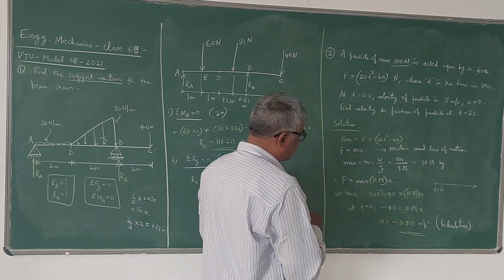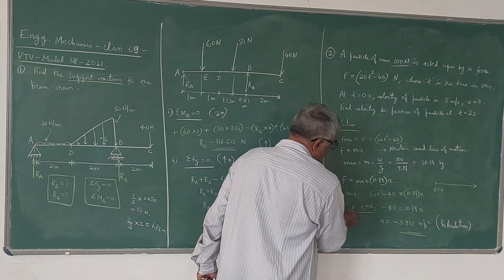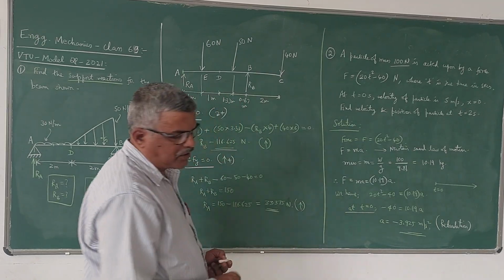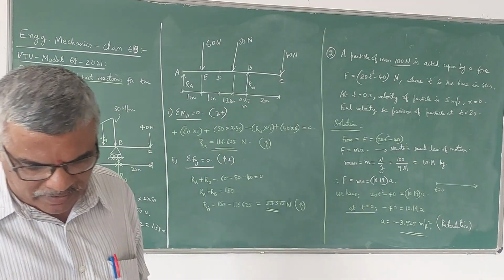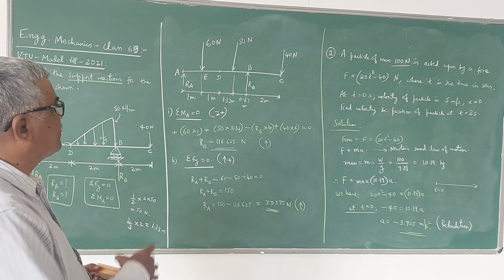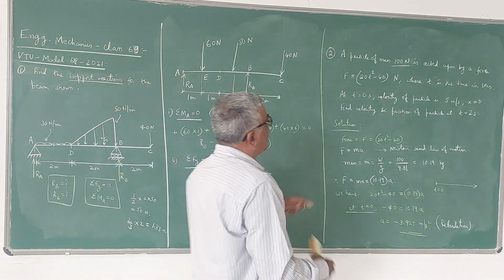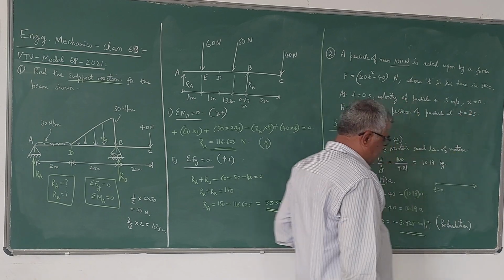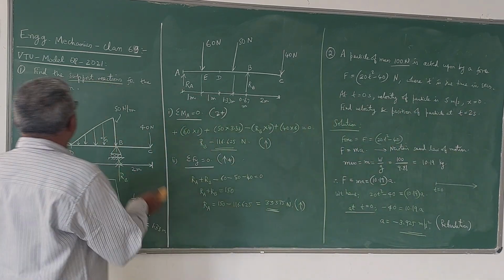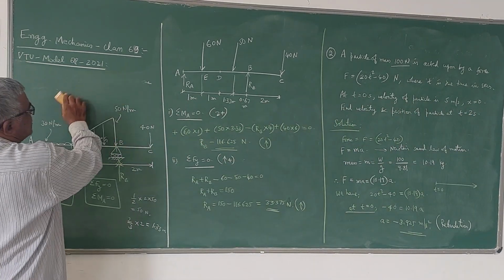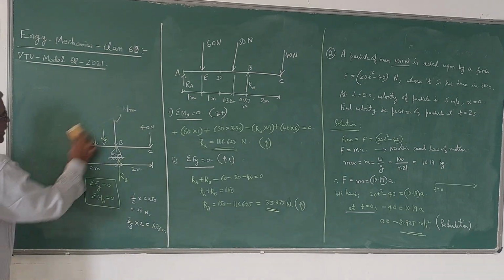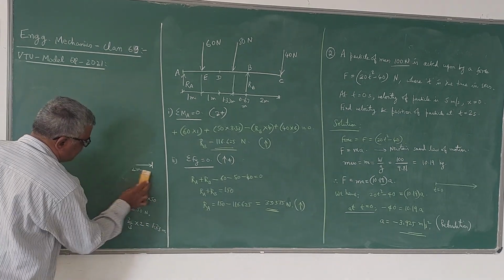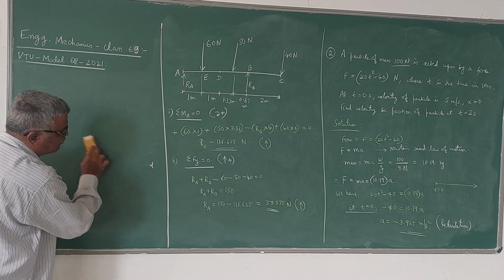So when t is equal to 0, you have this acceleration, minus 3.925 meter per second square. Now let us check. He has given some conditions there. At t is equal to 0 second, x is equal to 0. X is the displacement. Now let me check the equations of motion.